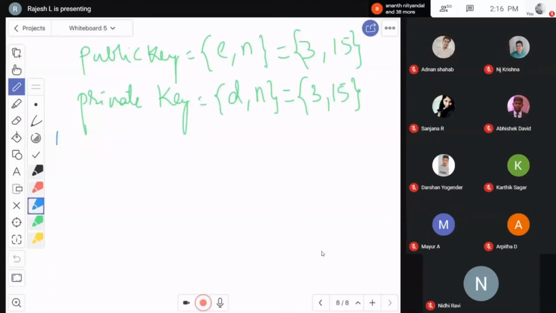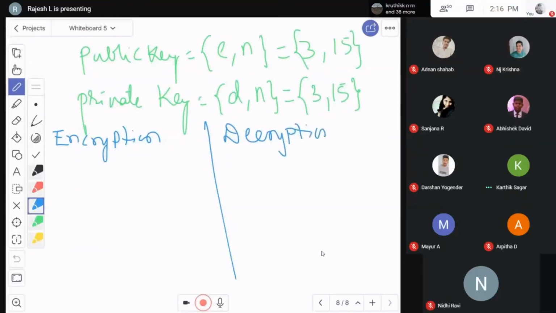Now we'll cross check what we get with the encryption and decryption methods. With encryption, we obtain the ciphertext as M power E mod n. The value for M should always be less than n.